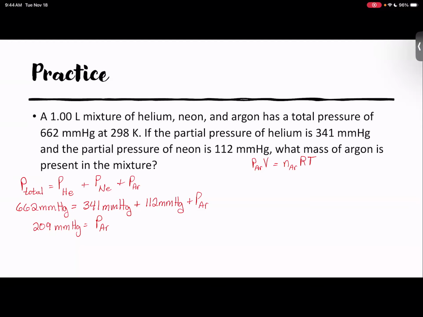Now we have to make everything match R. So I'm going to convert the pressure of argon into atmospheres by dividing by 760.